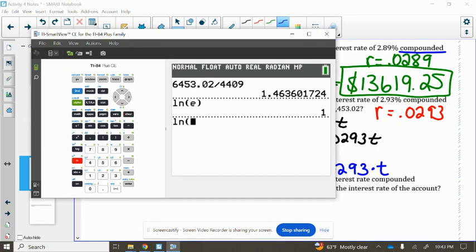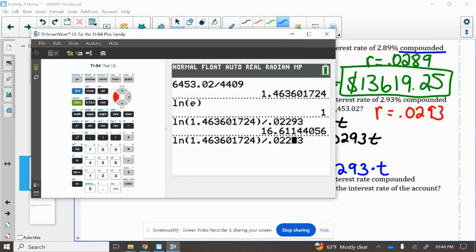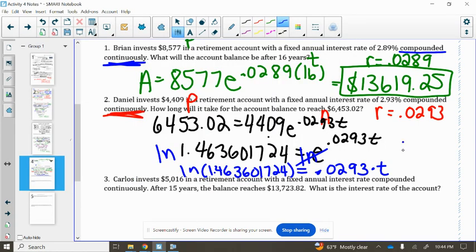So ln once of the 1.463601 gives 0.3824. And I'm going to divide that again by that rate, which was 0.0293. And we see that that answer is right about 13. Okay, so our t value this time is right about 13 years.